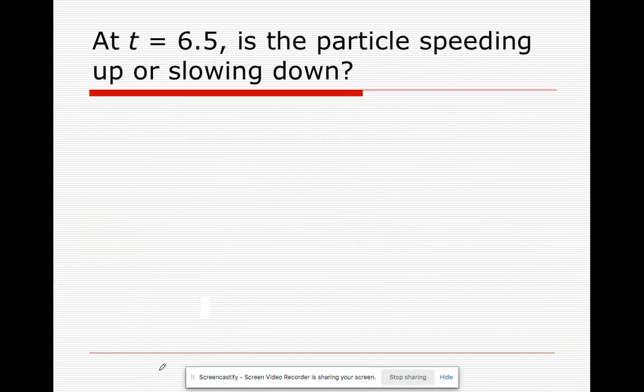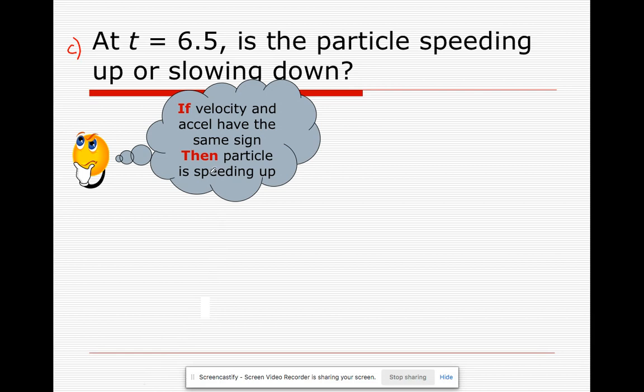Part C. Part B, they restricted my time to 0 to 3. Part C, they are not restricting my time. They're just saying at 6.5 seconds, is the particle speeding up or slowing down? We did this in first semester with our rockets and with, right, and with Wile E. Coyote. Remember, baby physics. If velocity and acceleration have the same sign, if they're both positive or they're both negative, your particle is going faster.